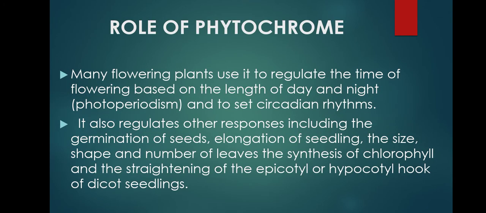Now, the role of phytochrome. Many flowering plants use it to regulate the time of flowering based on the length of day and night, called photoperiodism, and to set circadian rhythms.